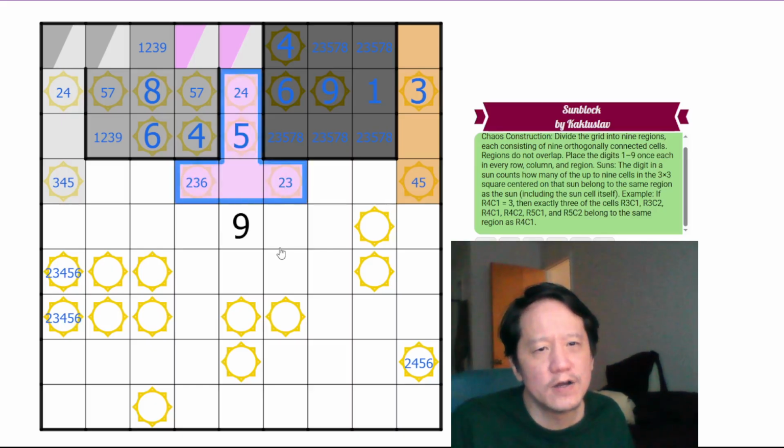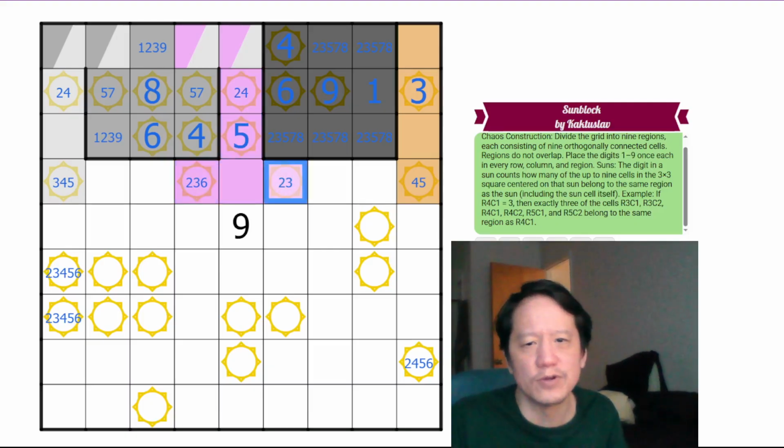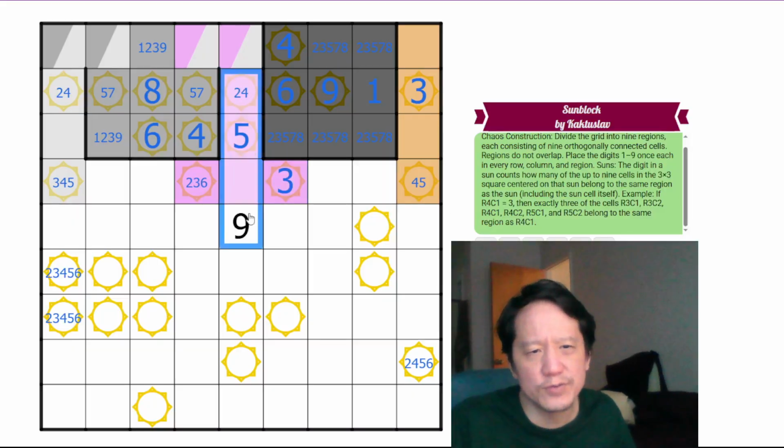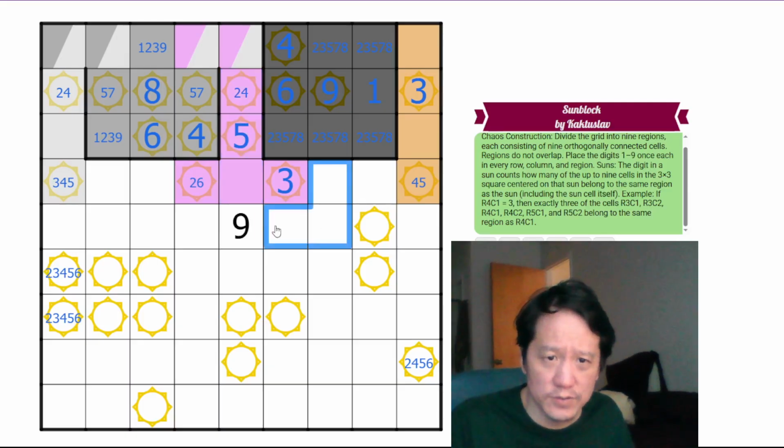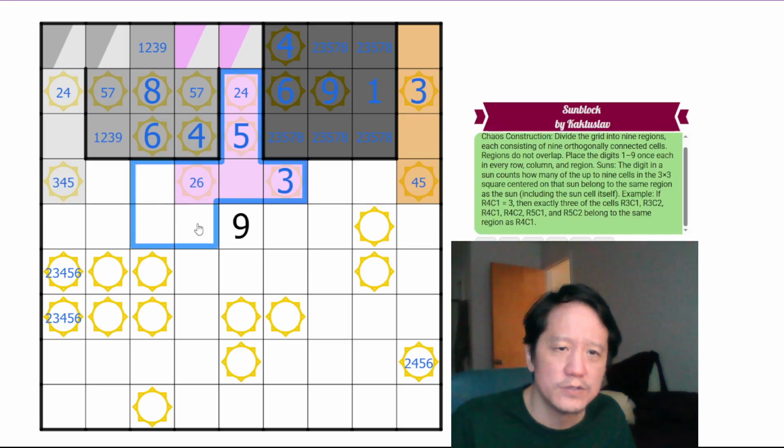For 5, this would then be 2 or 3. So this would have to be 3, which means this couldn't be 3. Therefore, these would not be part of the pink region. So you could have 6 there.